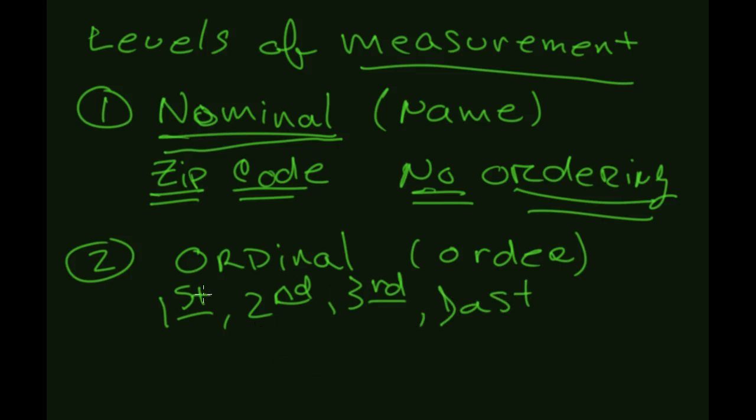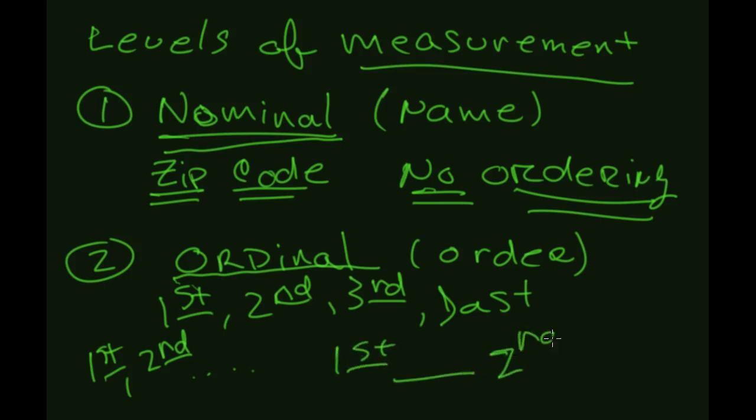But this has a limitation. People are told that they came in first place, second place in a marathon, but ultimately we don't know how far apart first and second place are. So there's no idea of a difference here.